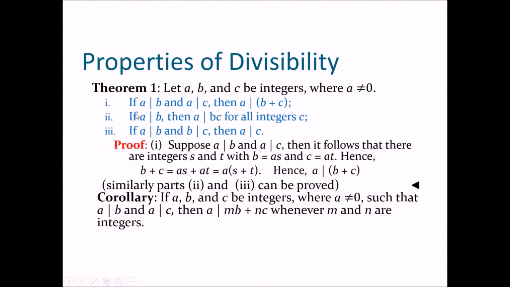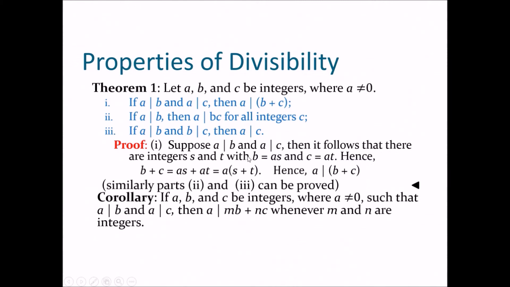So, the proof for property number 1: if a divides b and a divides c, then by the definition of divisibility, there must be some integer such that b is equal to a multiplied by that integer. Let that integer be s, then b is equal to as. And since a divides c, c can also be written as a multiplied by some integer, and let t be the integer such that c is equal to at.